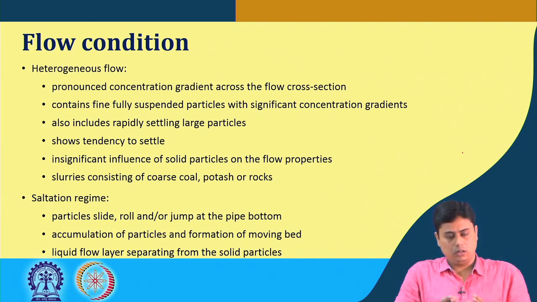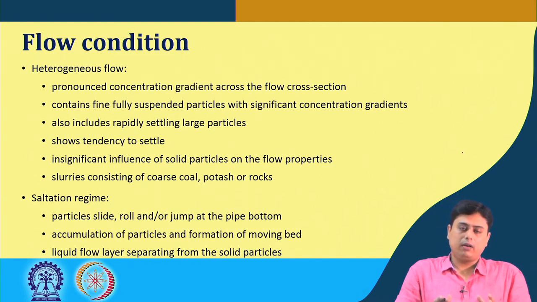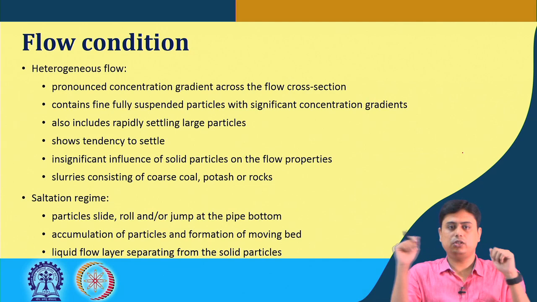because now we understand why we covered this settling phenomenon before coming to this flow behavior. We know the terminal settling velocity depends on the particle diameter. So, if the particle size increases, it falls rapidly. Now, this heterogeneous flow contains both ranges of particles.